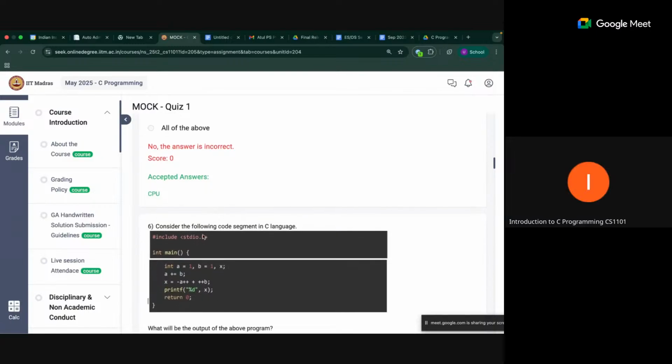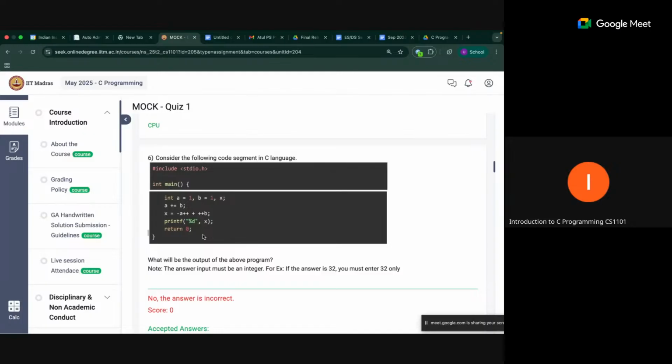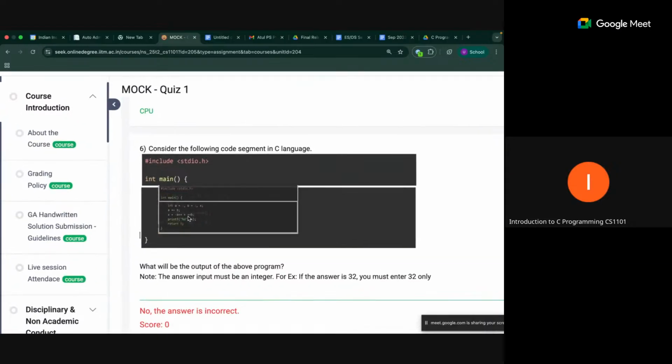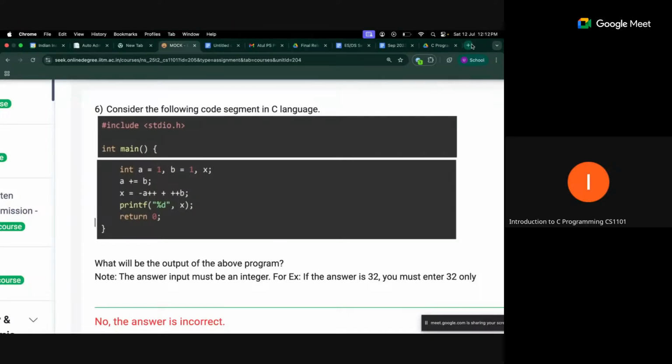All right, here is the next question. Consider the following code segment in C language. They have mentioned a equal to 1, b equal to 1, and x is given. a += b, and x = -a + b. Generally here you should know the difference between pre-increment and post-increment.